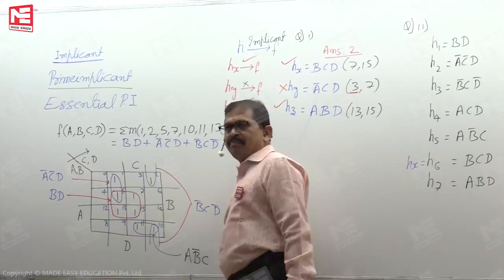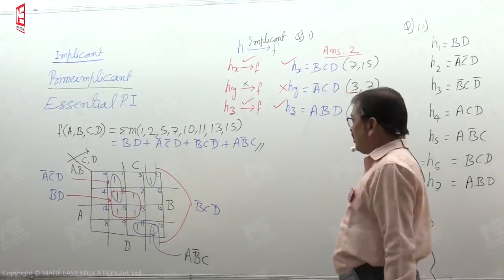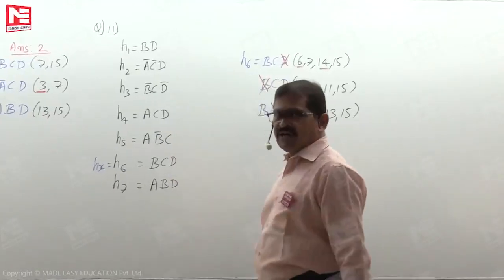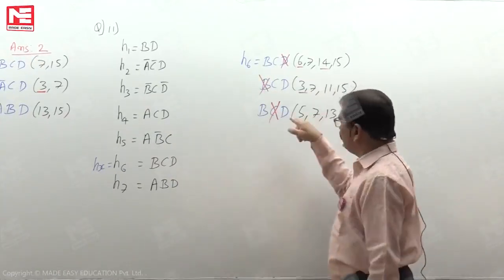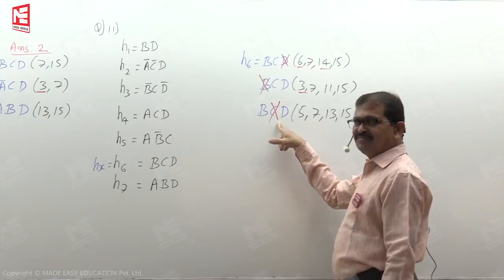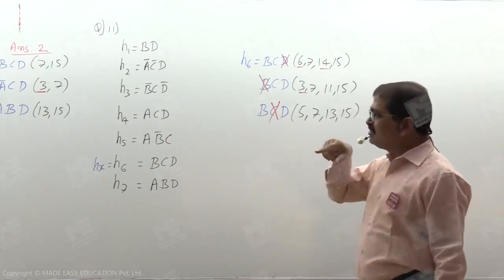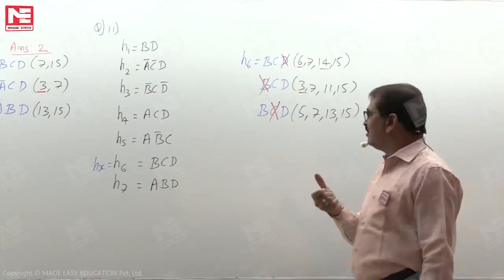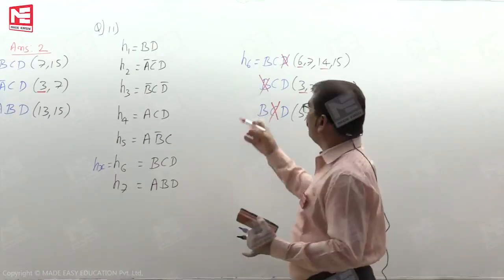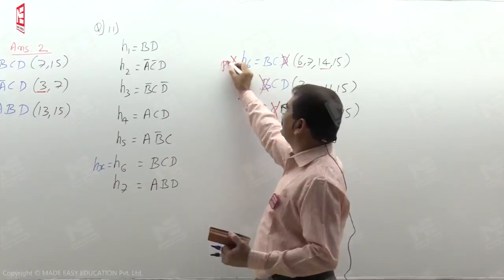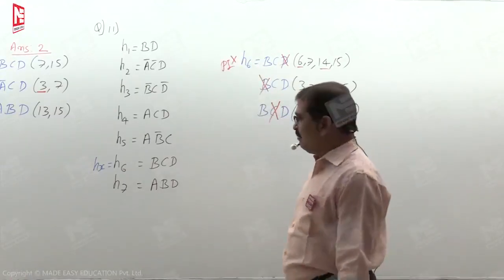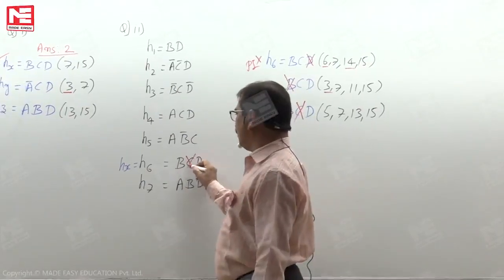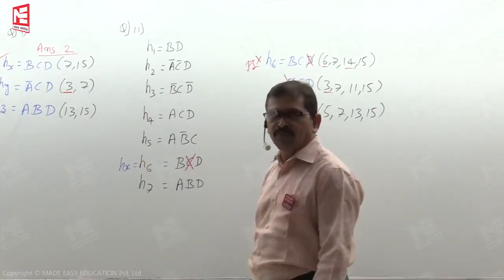It means from the product S6 we are able to remove the literal C. Once we are able to remove the literal C, then definitely by the statement of the prime implicant, the product is not a prime implicant, because from this product S6 a literal is possible to remove.